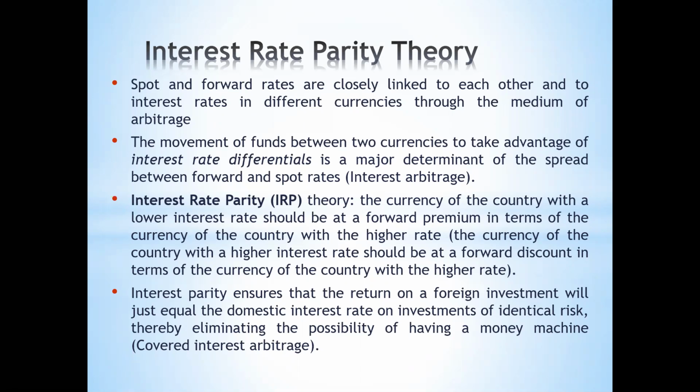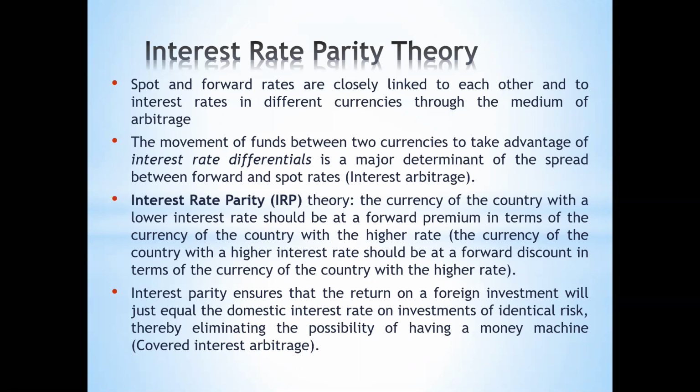Okay, so interest rate parity theory explains that the currency of the country with a low interest rate should be at a forward premium in terms of the currency of the country with a higher interest rate.